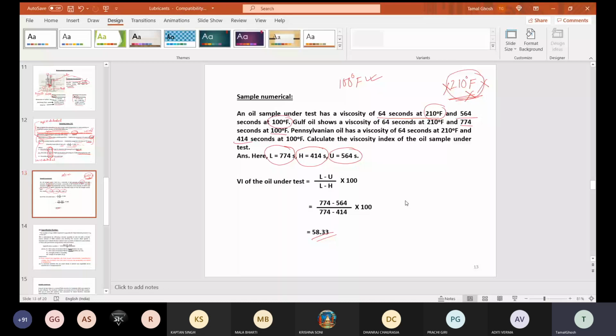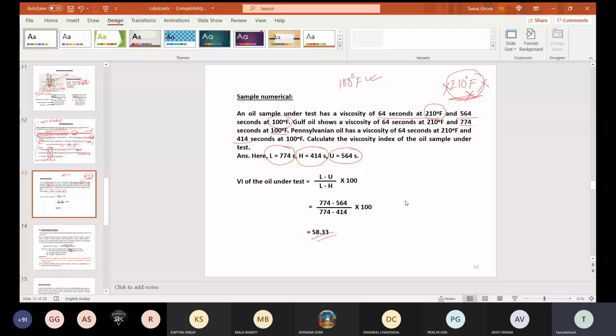So it is a kind of calibration, and remember, you don't have to use the 210 degree data for your numerical part. Only use the 100 degree Fahrenheit data that is supplied and substitute properly.